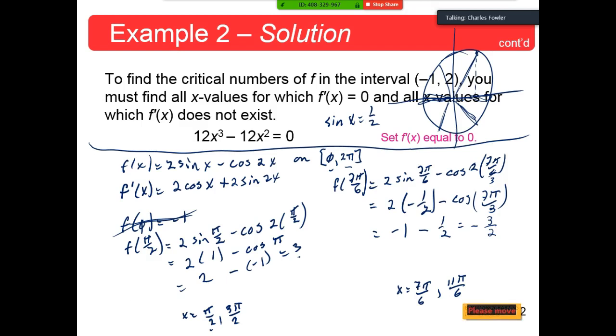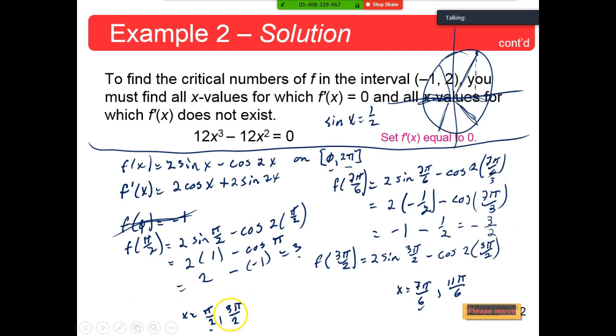Now, let's move to the next one. We got this one done. Finally, let's do f of 3 halves pi. That would be 2 times the sine of 3 halves pi minus the cosine of 2 times 3 halves pi.